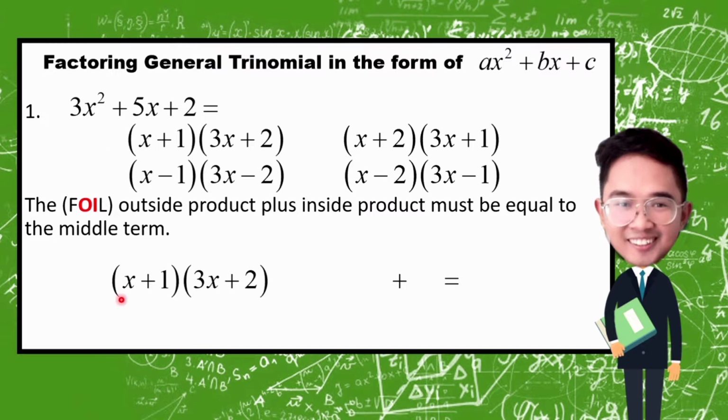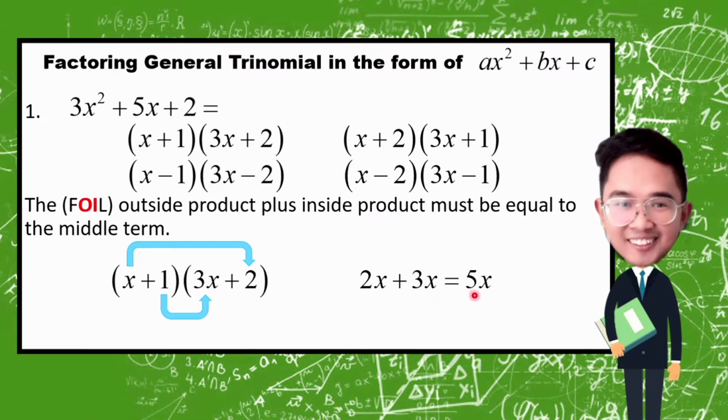Let's have the outside product. X multiplied by positive 2 is 2x, plus the inside product, 1 multiplied by 3x is 3x. 2x plus 3x is equal to 5x.